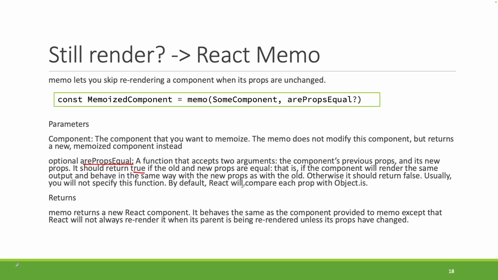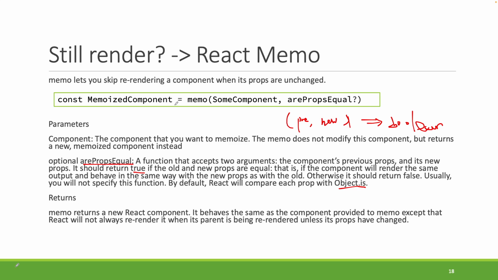By default, React will compare each prop with Object.is. But if you want to have your own logic to compare whether the props changed or not, you can do that. Just have a function, and the TypeScript definition is like this: here is the previous one, here is the new one, and you return a Boolean, true or false.